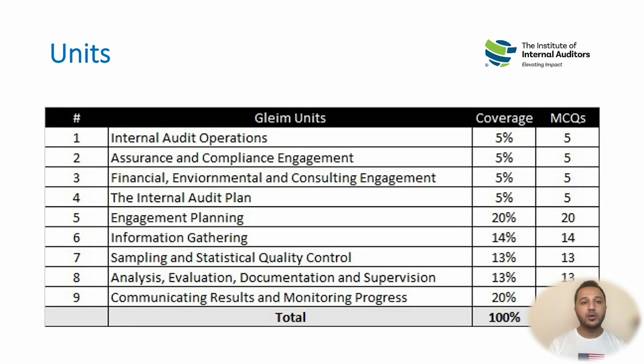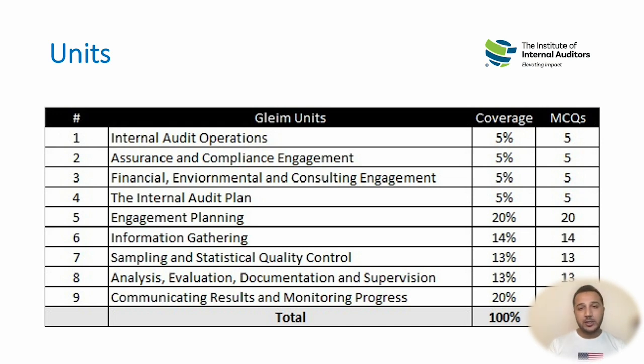So there could be a possibility that instead of 5% they take maybe 6% from the first unit in terms of coverage of MCQs in the exam. But this is just to give you a good understanding of how the exam MCQs are allocated between different chapters.